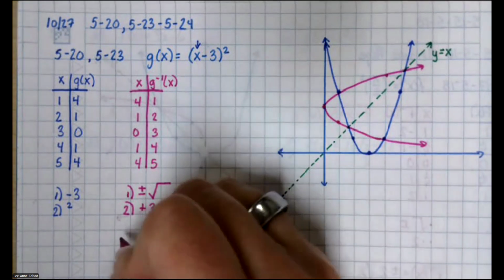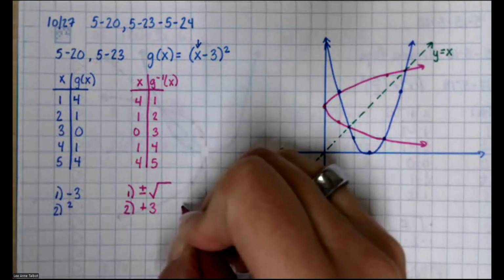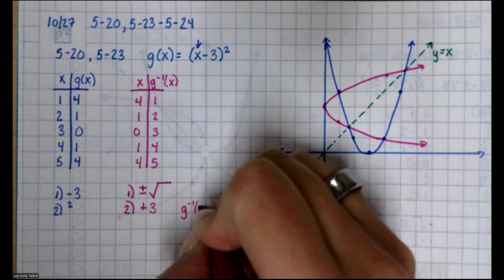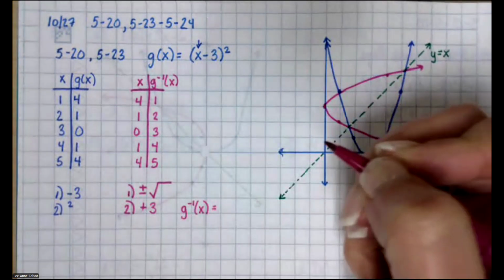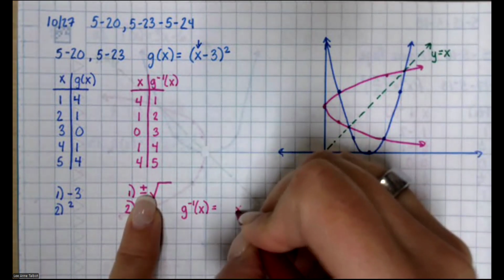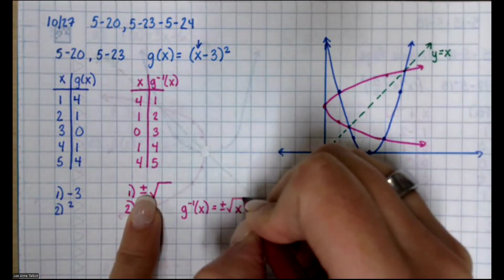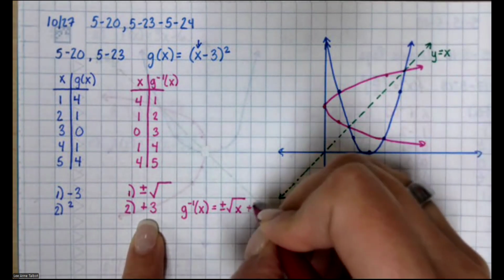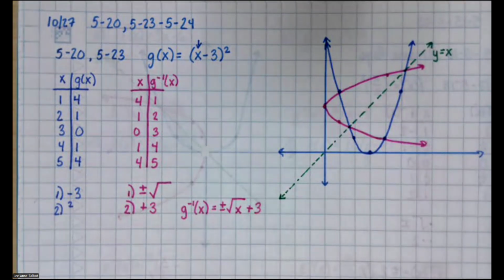Okay, so I'm just trying to decide where I want to write it. So g inverse of x. Notice all of this stuff is going to go in front of the x that I start with. And then plus 3 on everything.